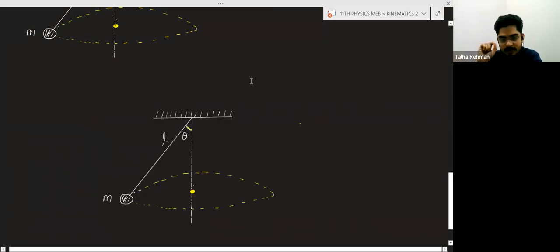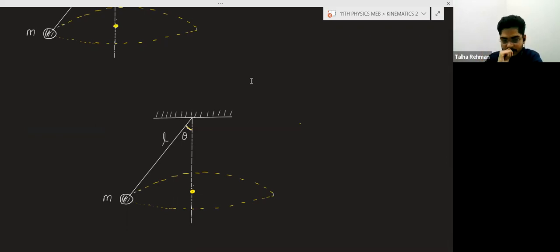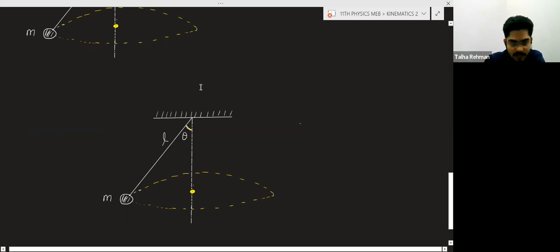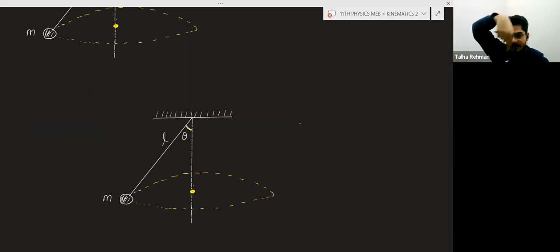Now focus on the mass. What is the mass doing? This mass is rotating in a circular path. Basically, this mass is performing horizontal circular motion because it is rotating in a horizontal plane.